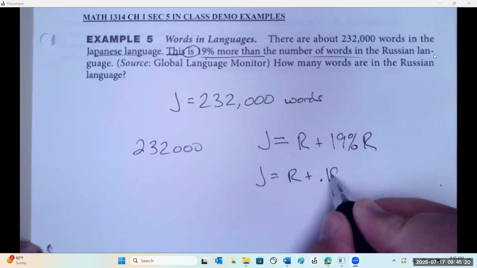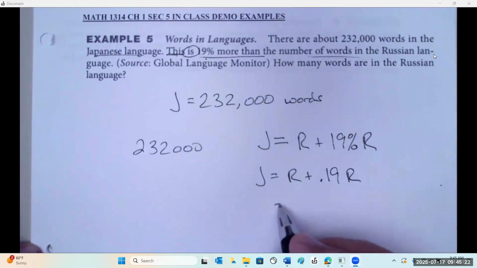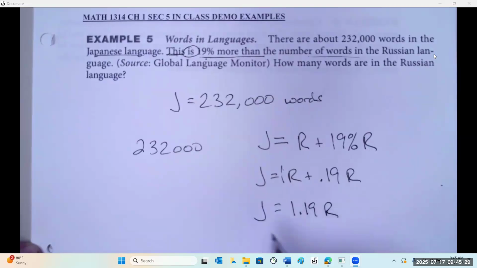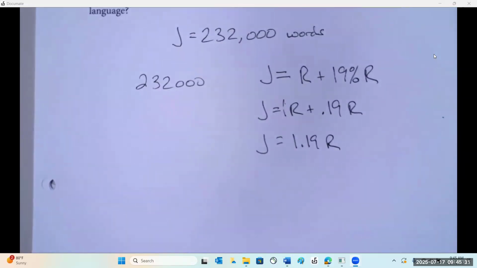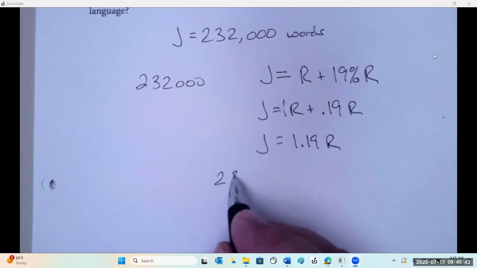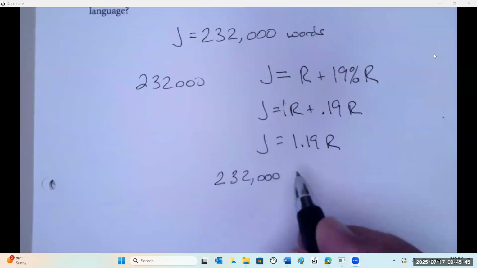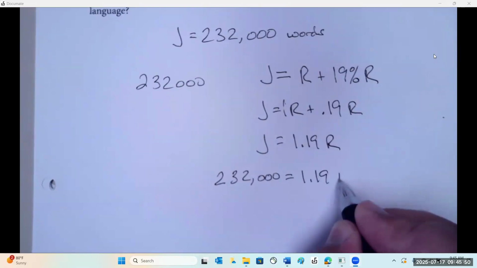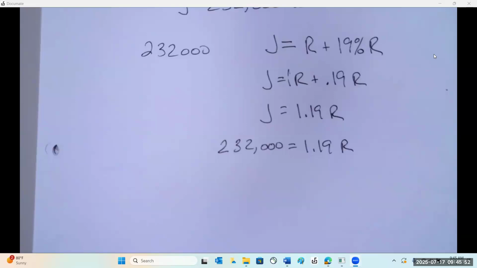19% converts to 0.19. So this is 1 plus 0.19, which is 1.19. Do we know what J is? J is the number of words in the Japanese language, which is 232,000 of them. How do we solve for R?